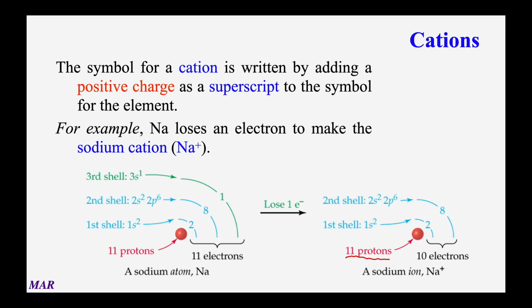Remember, if you change the number of protons, you change the nature of the atom itself. However, with only 10 electrons, now you have 11 positive 1 protons and 10 negative 1 electrons. Sodium, as an ion, likes to be positive 1. It likes to have just one less electron.